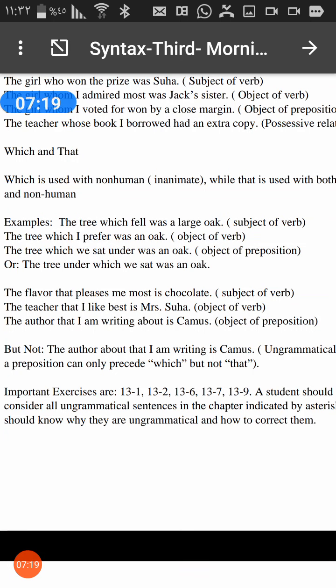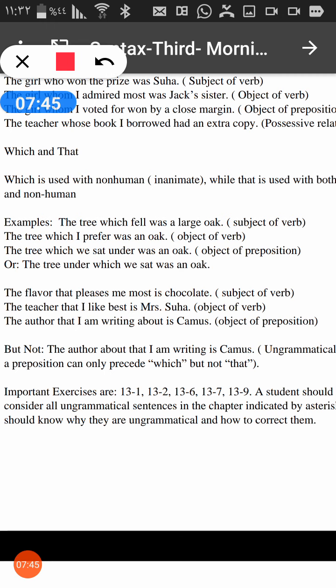This is the cat which ate the meat. This is the dog which ate the meat. The noun here is inanimate, غير عاقل, but that is used for both animate and inanimate. And here we have some examples to show these differences.